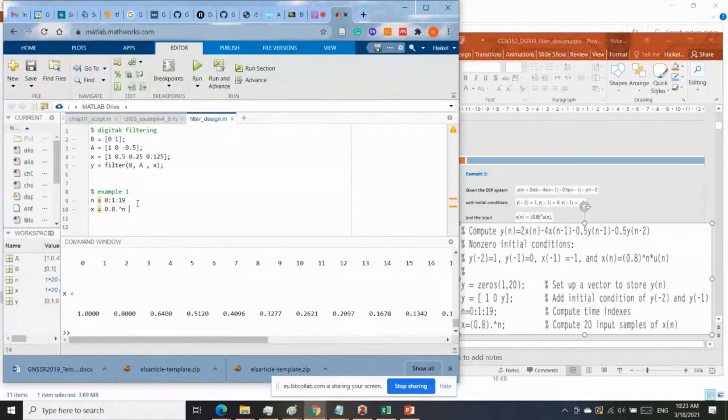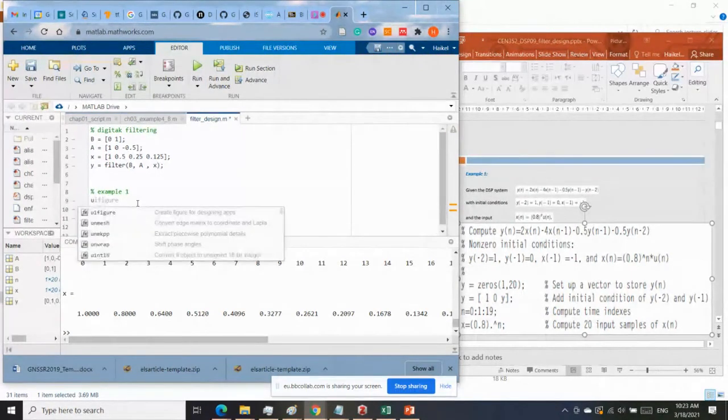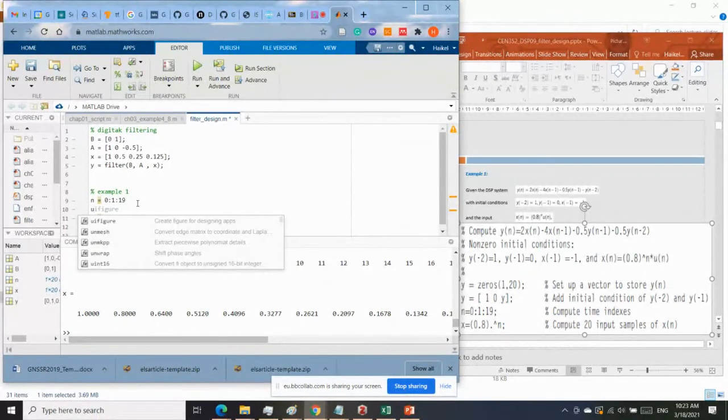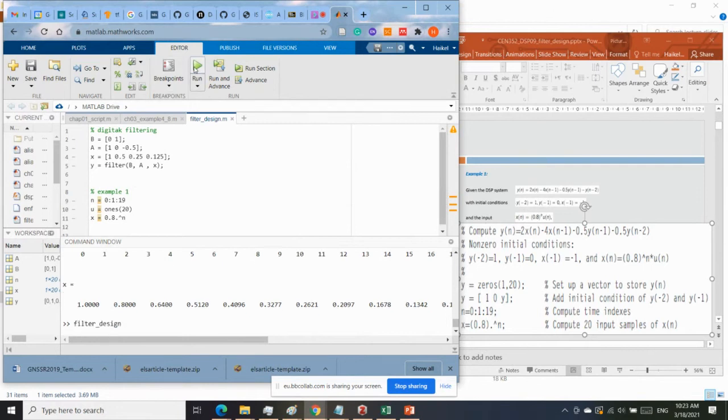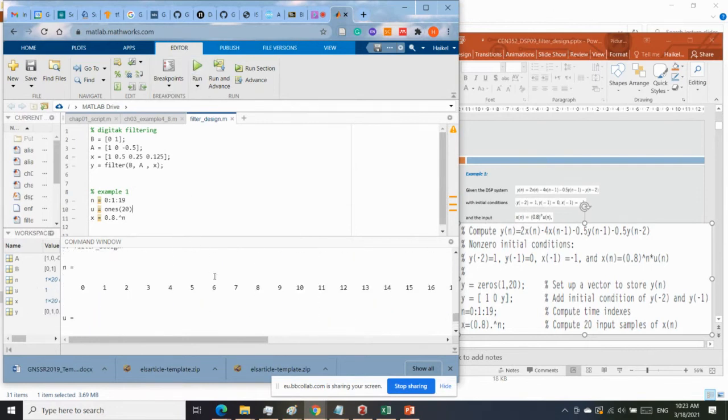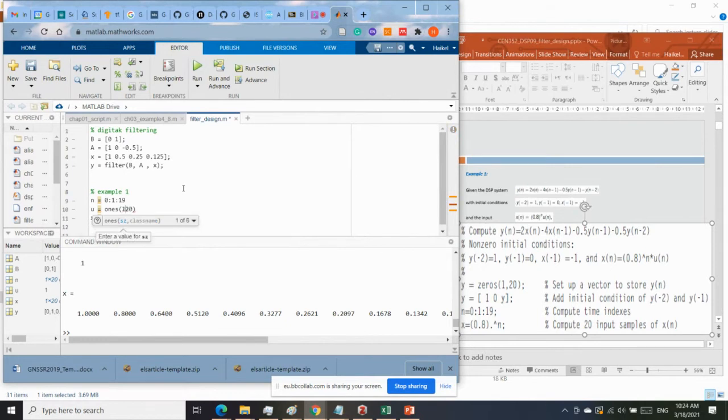Okay, u[n] here is just ones, 20 times. ones of 20 gives us a vector of ones.